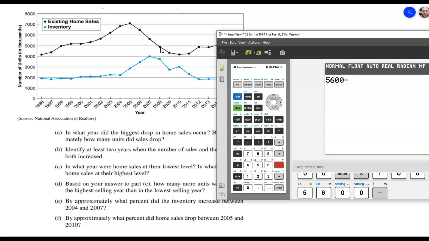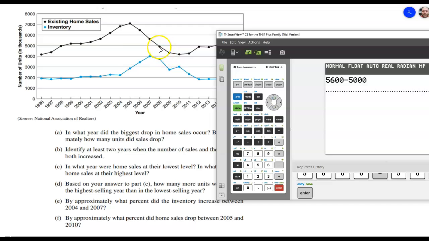So maybe I'll just put 5,000 in there for now. And let's see what we got there. Now remember, this is in the thousands. So what we're going to have to do is add 3 more zeros to that.